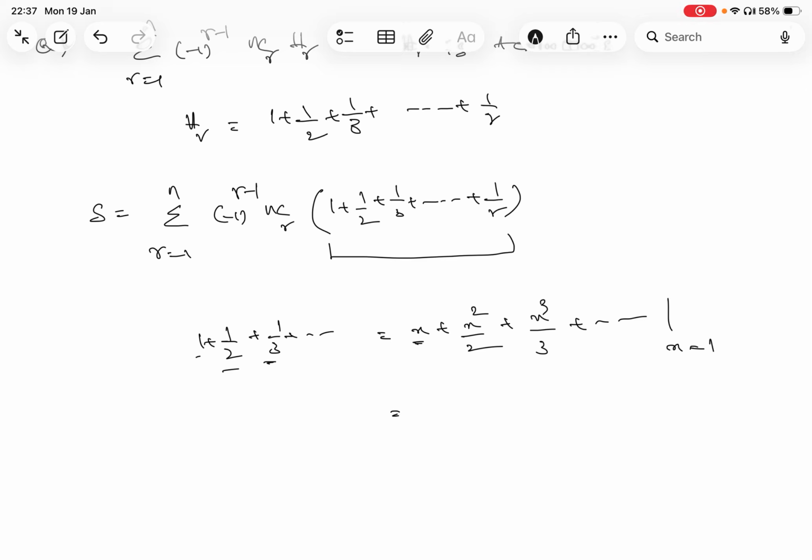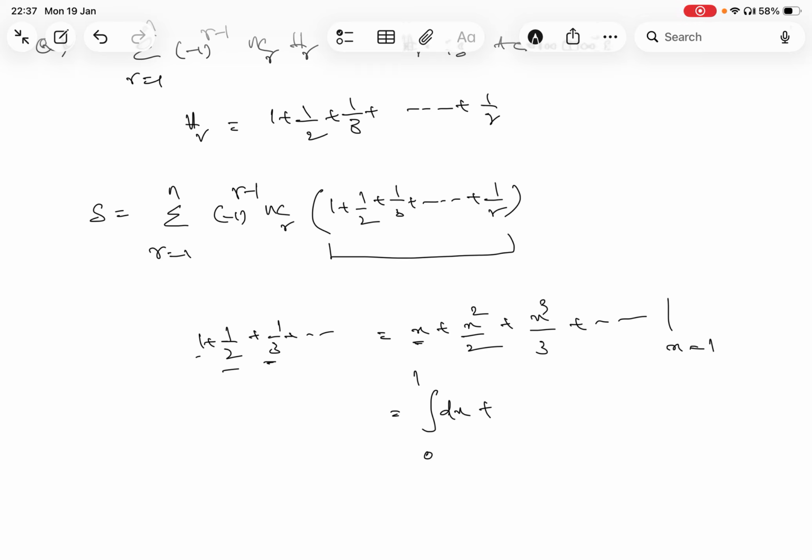Now this can be written as an integral from 0 to 1 of dx. Integral dx is x, and substituting the limits, 1 minus 0, it is 1.